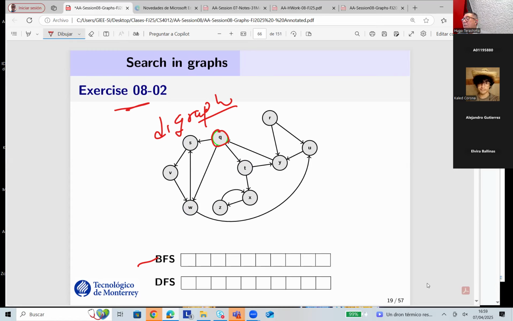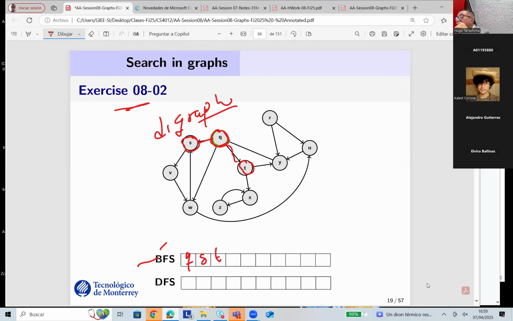I have two options, S and T. Where should I go first in BFS? So if this is Q, I go where? I have two options only from Q, in this direction S and in this direction T. So I choose S, and then T.